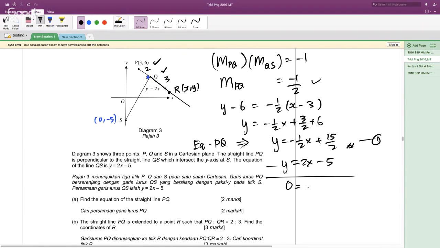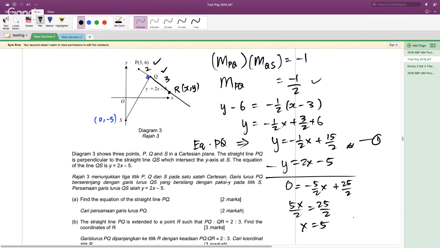So I got 0 equals negative 5 over 2 x, and then 15 over 2 plus 5 will be plus 25 over 2. So I get 5x over 2 equals 25 over 2. So x equals 5.